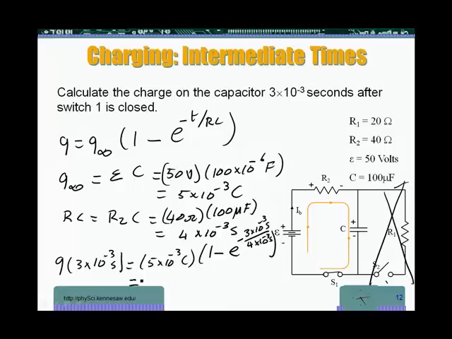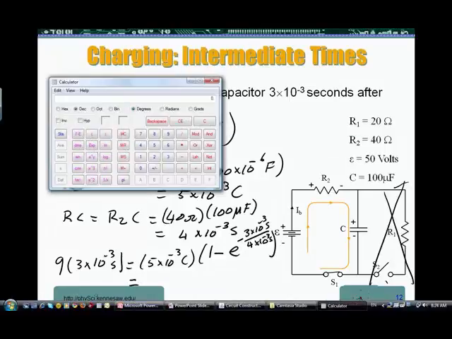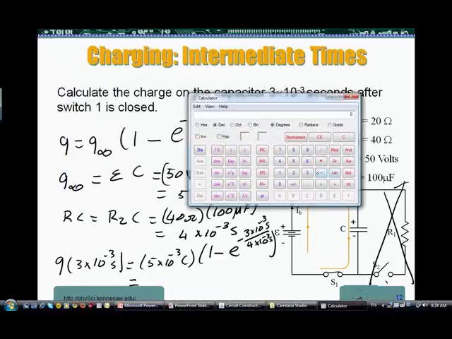So I go to my calculator again. So I have -3 divided by 4, inverse natural log of that. Take the negative of that and add to it 1.